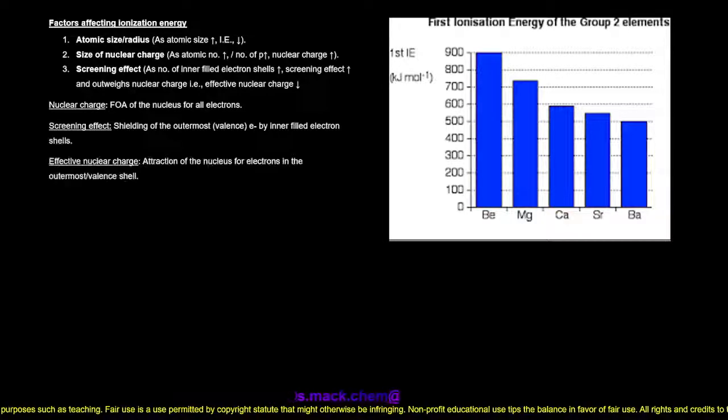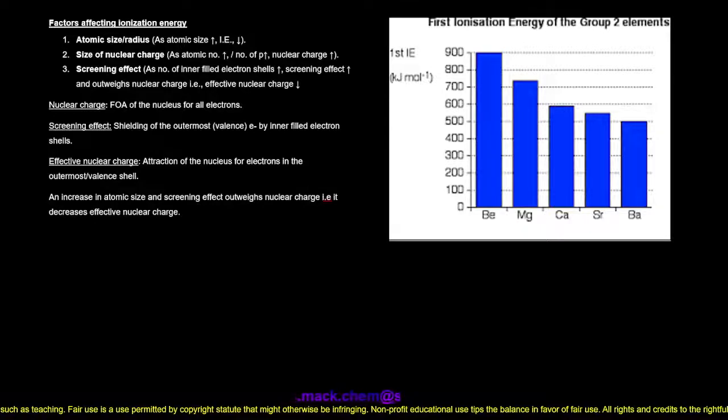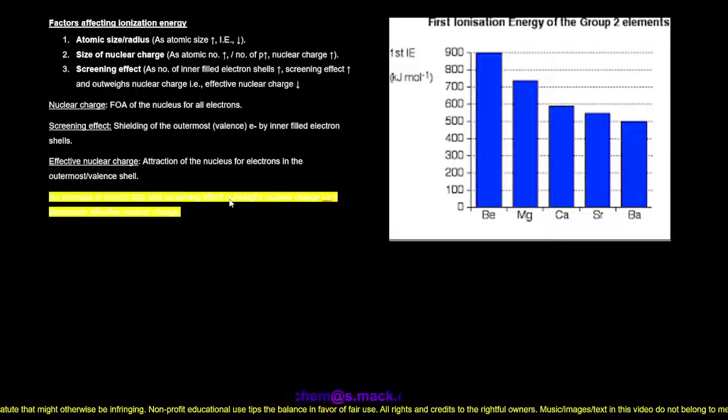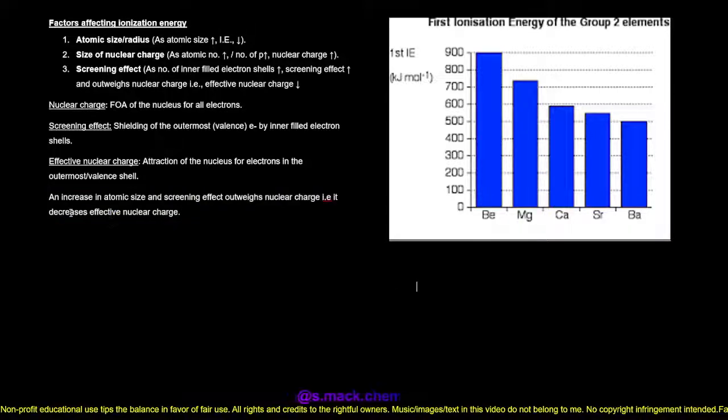We've already looked at what these three factors are in detail, and I'm just going to point out this note here, which says an increase in atomic size and screening effect outweighs nuclear charge.